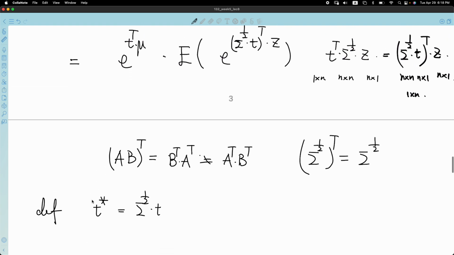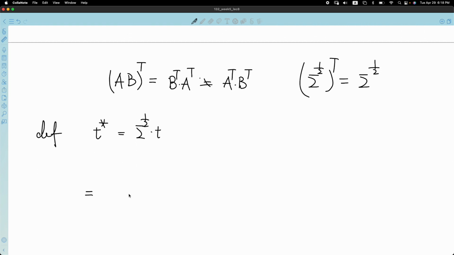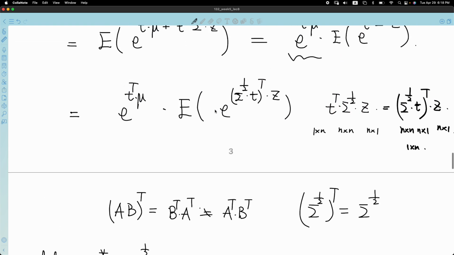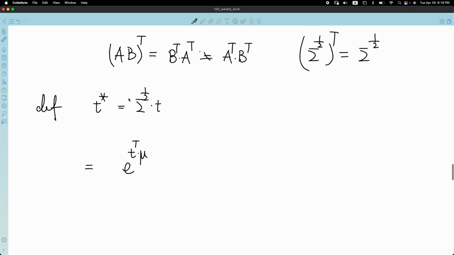So from here, you will have e raised to the power T transpose mu, okay? That is the constant from here. I'm bringing this constant, which is also a scalar, to the first part.